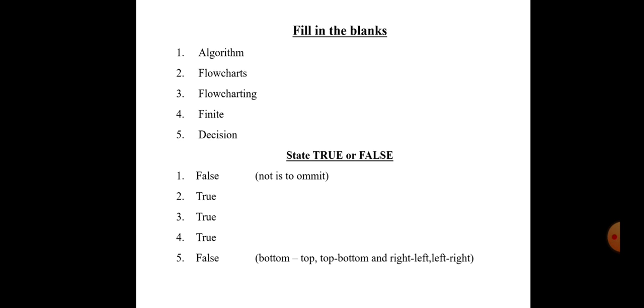Bottom has to be converted with top, and top has to be converted with bottom. The same thing you have to convert here. There is right and left given. In place of right you have to write left, and in place of left you have to write right.